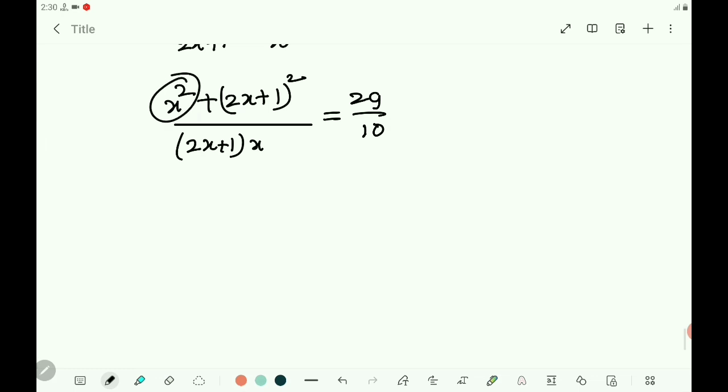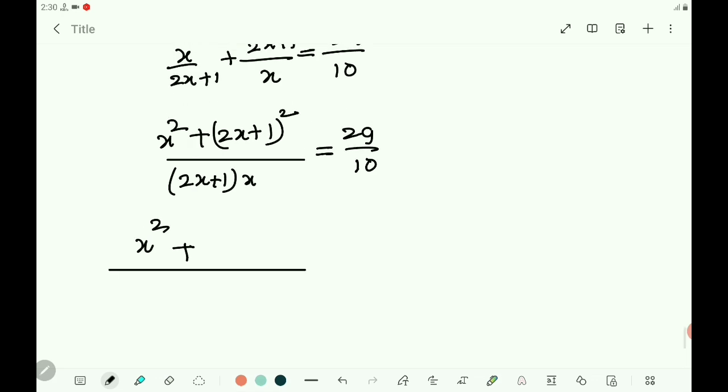Now you write x square as it is. To expand 2x plus 1 whole square, use the identity a plus b whole square equals a square plus 2ab plus b square. A square means square of the first term, that is 2x whole square, plus 2ab, that is 2 into first term 2x into second term 1, plus square of the second term, that is 1 square.